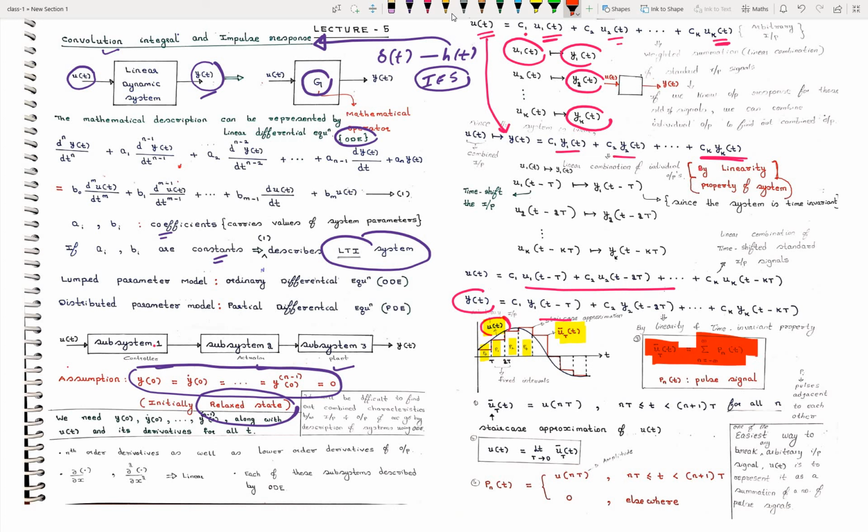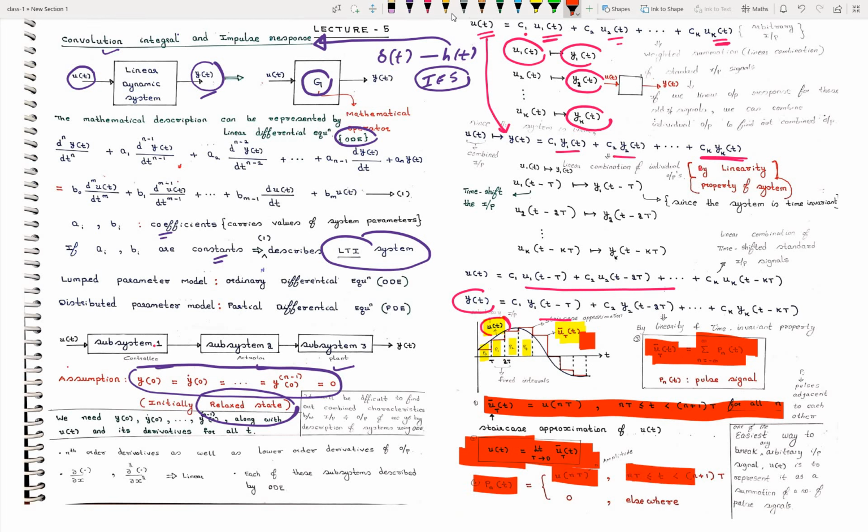If we take T tends to 0, then we get u(t), and this u bar(t) will have the amplitude of u(nT) for this interval. Okay, and for a pulse signal the amplitude will be the same in this interval, and in the rest of the cases it will be 0. So these are the mathematical representations, and we need these definitions for deriving this convolution integral.